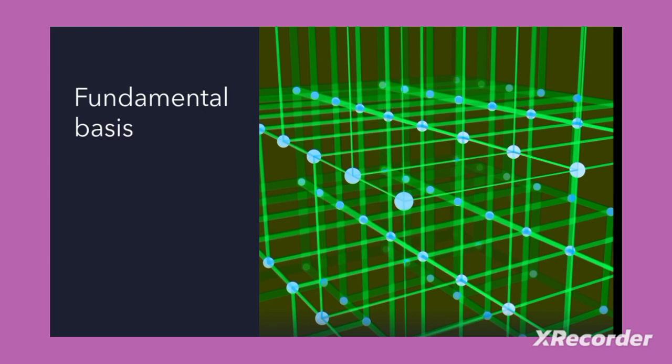The fundamental basis of the differences between these two computers, I can say, is that quantum computing operates on the principles of quantum mechanics, while classical computing is done on the basis of classical physics in terms of binary logic.